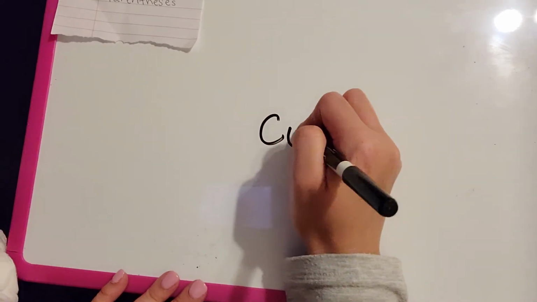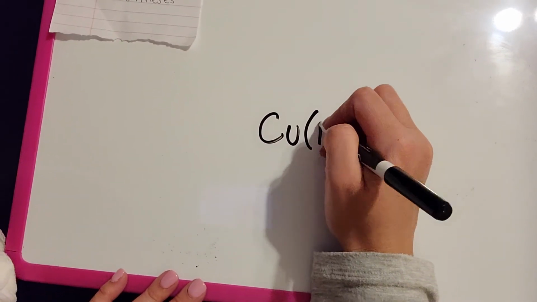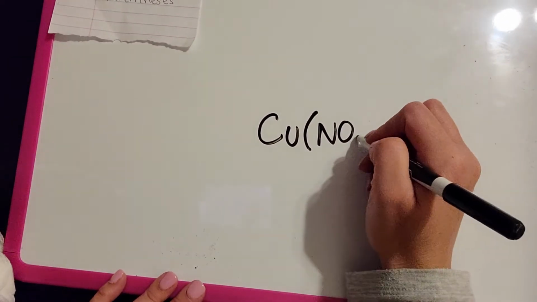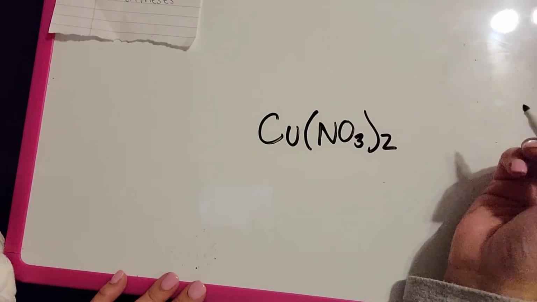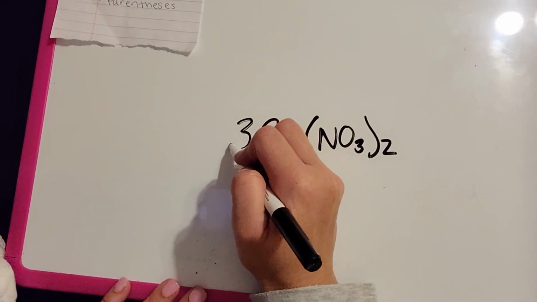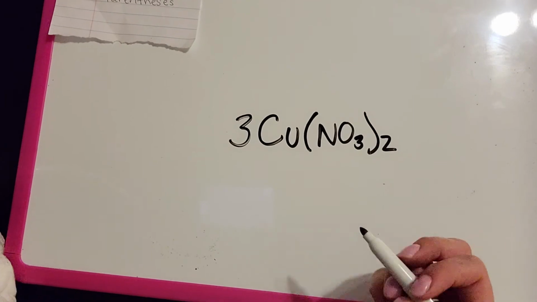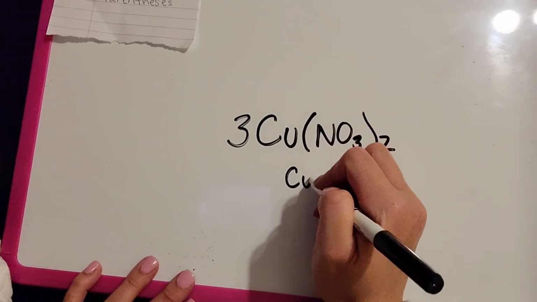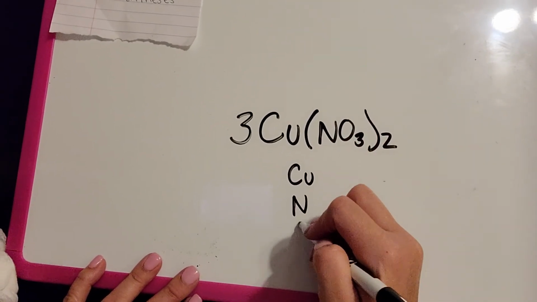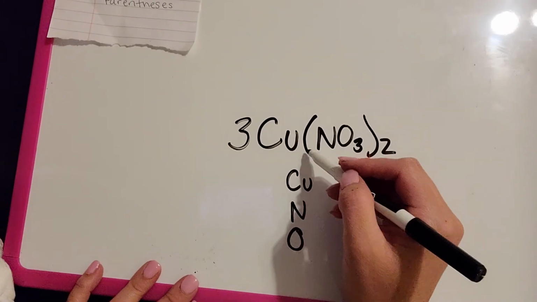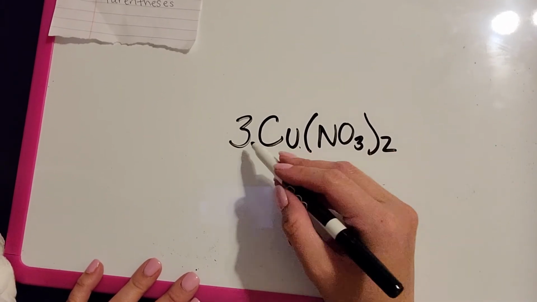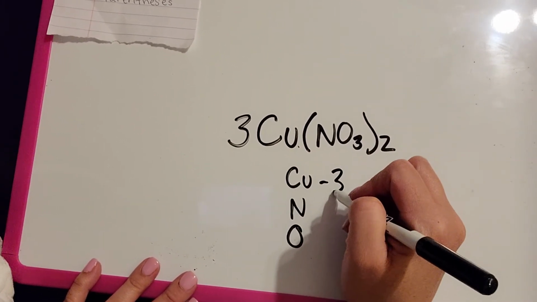So let's try copper 2 nitrate, and we'll use a 3. Now that there's a coefficient there, let's see how many of each thing we have. Copper, there was an imaginary 1 here. Now there's 3 of them.